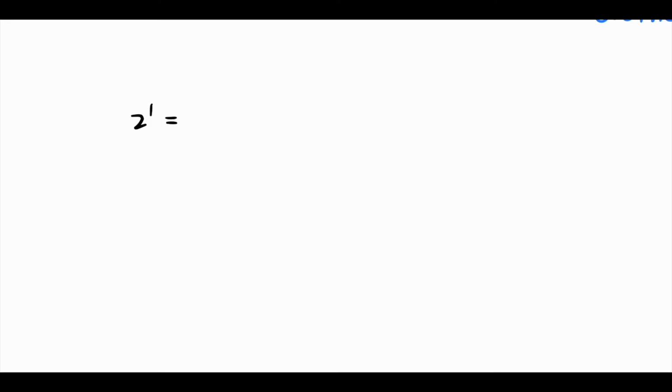What's 2 to the first power? 2, just the 2, right? What's 2 squared? 4. What's 2 to the third power? Don't say 6, not 6. 2 times 2 times 2 is 8.